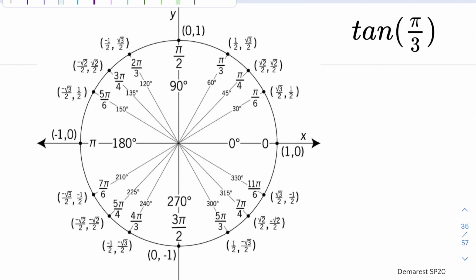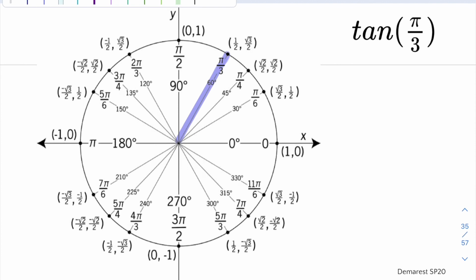Okay, let's look at tangent of pi over 3. So again, the first thing I do is I look and see where the terminal side would be. Well, here's pi over 3. So this is where I'm looking. I know that tangent is sine over cosine, right? Just looking at this, I can't pull that off the unit circle.